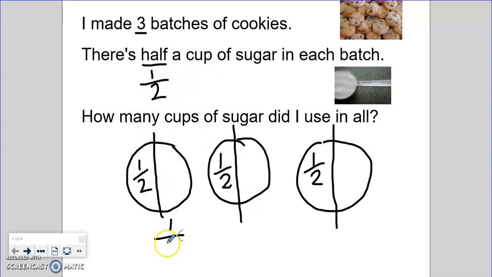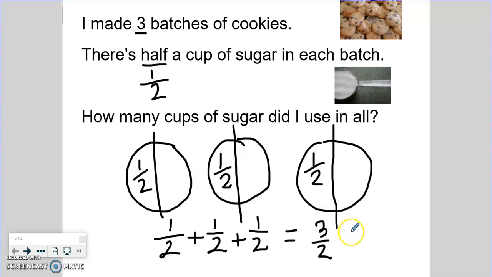So what is 1/2 plus 1/2 plus 1/2 equal to? It is equal to 3 halves. But I'm not done yet.